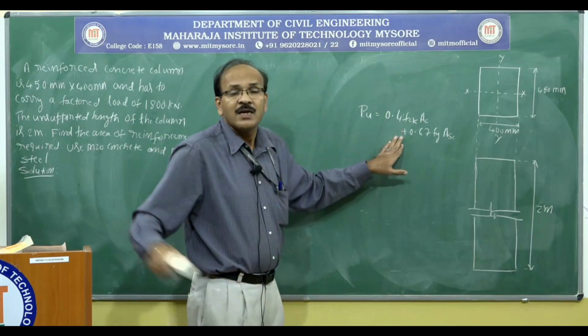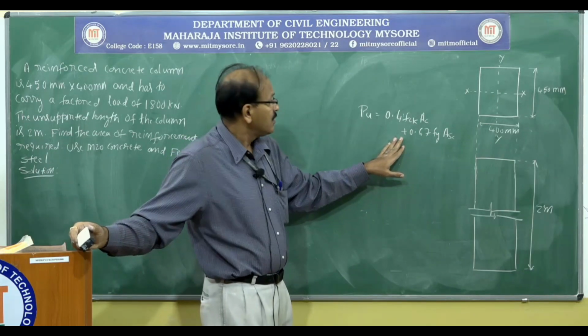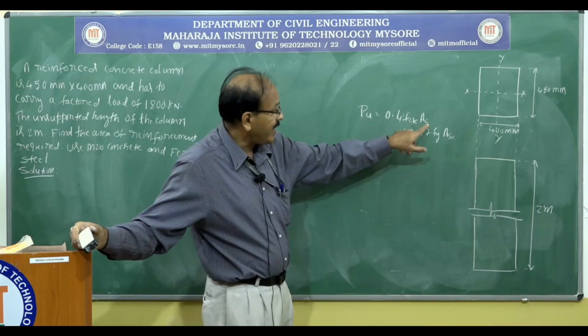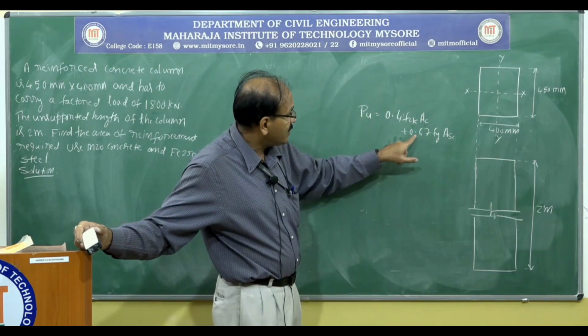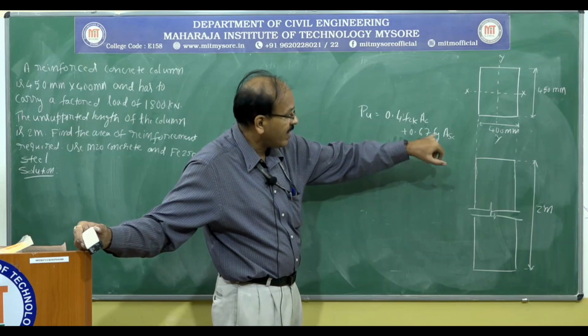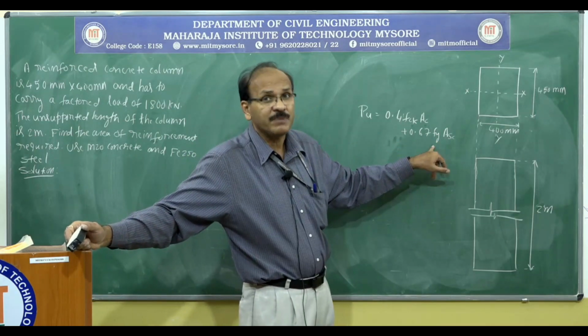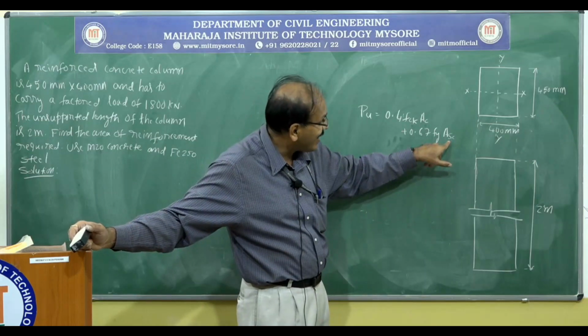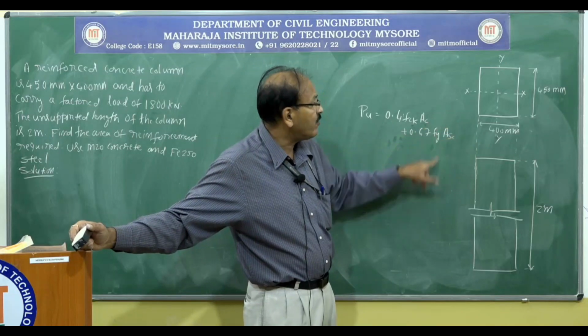So this is given under 39.3 on page 71, where FCK is the concrete, AC is the area of concrete, and FY is the yield strength of steel, which is 250 Newton per millimeter square here, and ASC is the area of compression steel. This is what we need to find out.